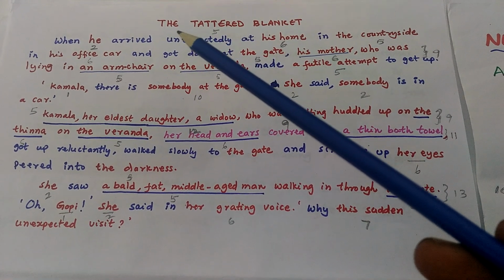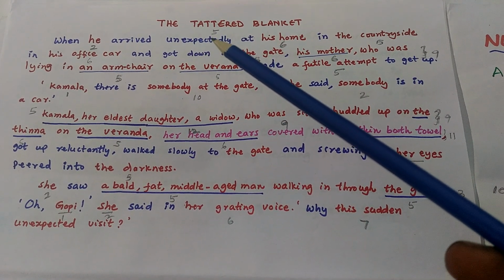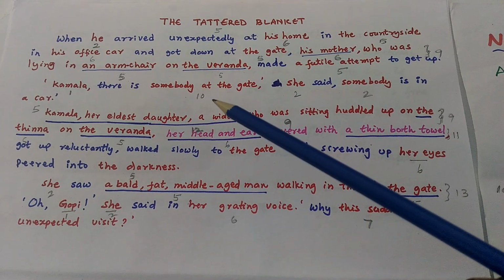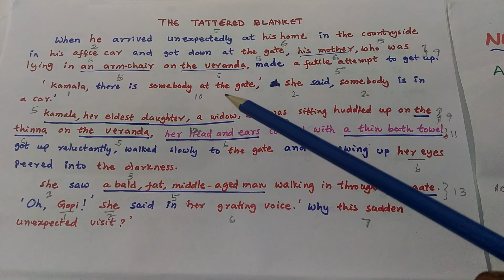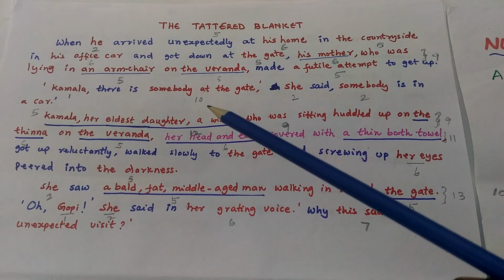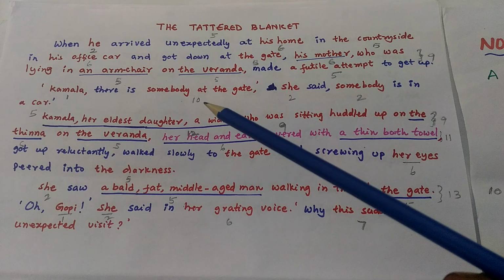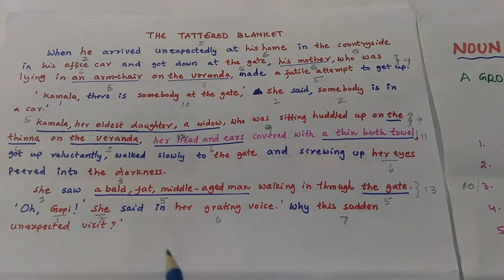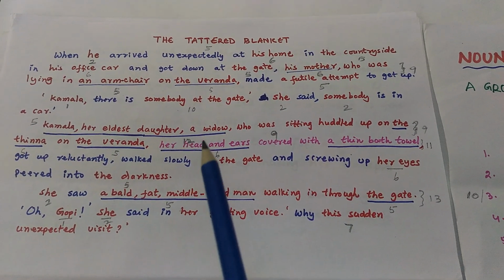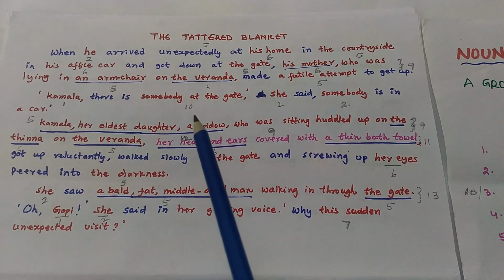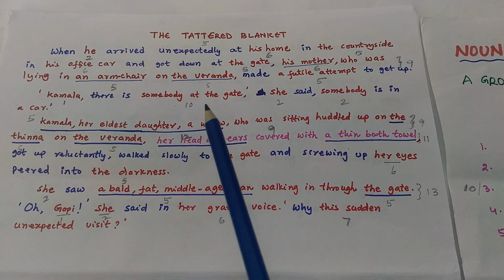So whenever a phrase starts with an article, it is called noun phrase. Similarly, the somebody at the gate is a noun phrase. Here the indicator is 10. Indicator number 10 is that noun or pronoun plus prepositional phrase is called noun phrase.